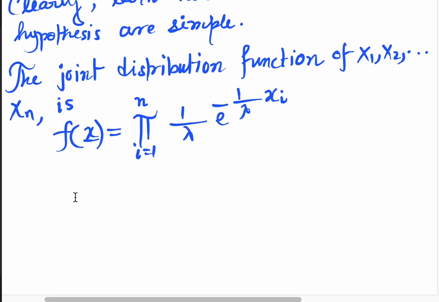So this is 1 by lambda to the power n e to the power minus 1 by lambda sum of xi, i equal to 1 to n.